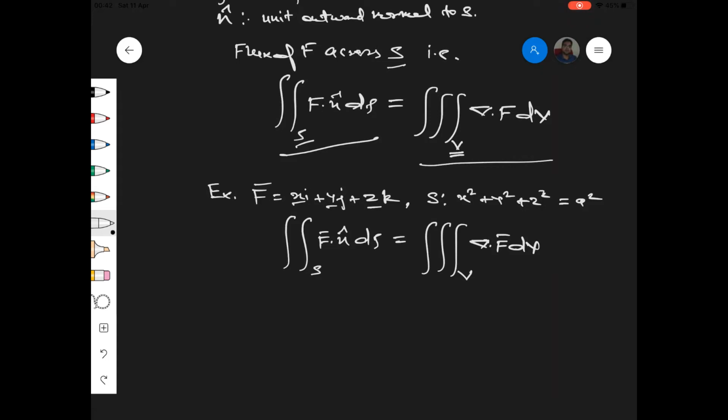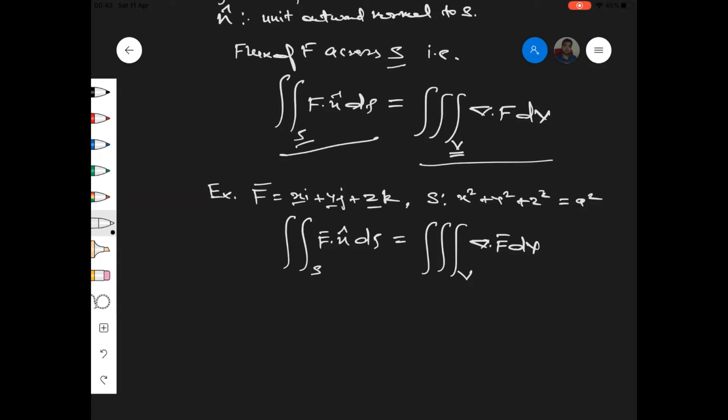And the surface must be piecewise smooth, orientable and closed. Since the given surface is a sphere, it is a closed surface, and at every point on the sphere it has a unique outward normal, so it is orientable. Since it is continuous, it satisfies all the clauses to be applicable for the Gauss Divergence Theorem.